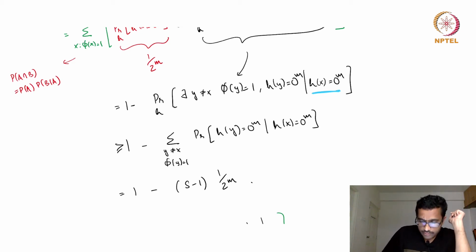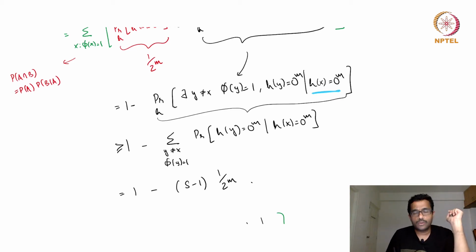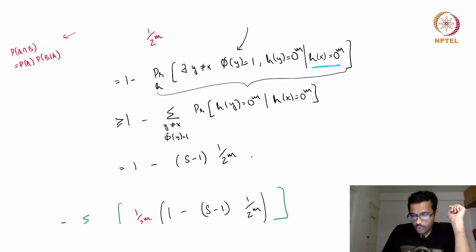So we are replacing this probability with the summation over all the y's such that y is a satisfying assignment of phi and y is not equal to x. What is the probability that h of y is 0 given h of x is 0?